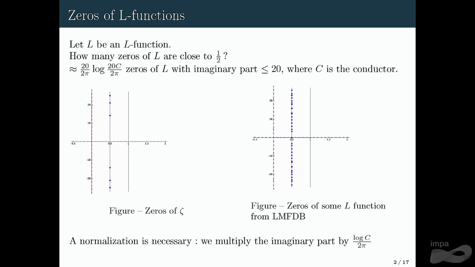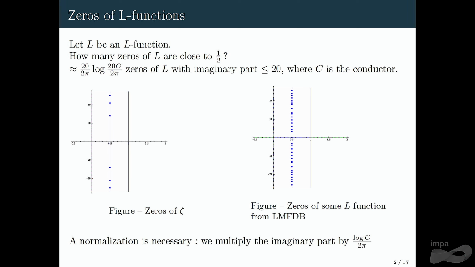If you're looking at zeta, the C is 1. If you're looking at a Dirichlet L function, then the C is the modulus of the character, let's say the primitive character you're looking at. And if you're looking at fancier L functions, then this is also some good constant associated to the arithmetic object underlying the L function.